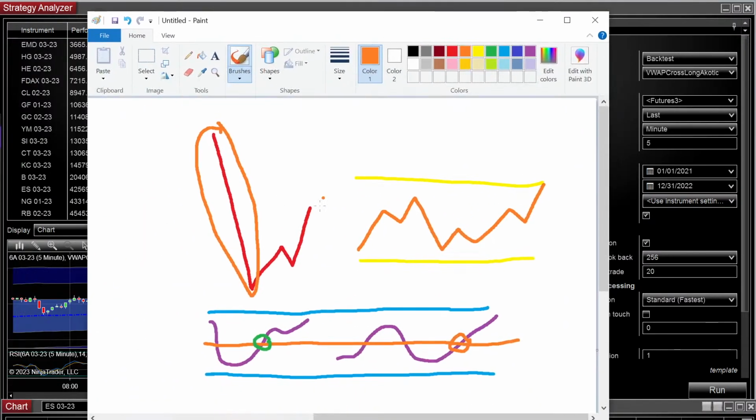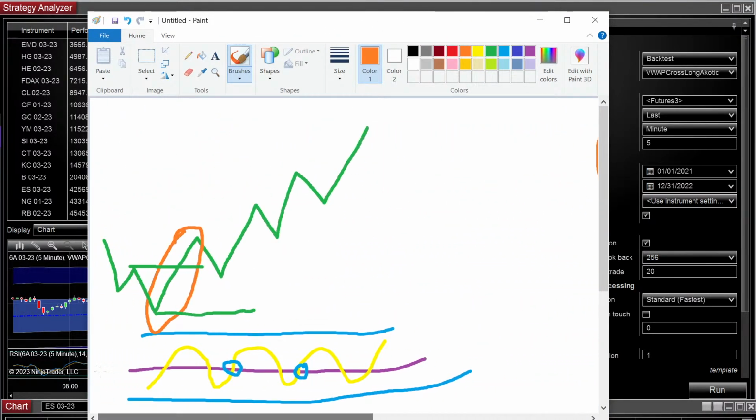Like the first one I mentioned, just to give a quick example, you could plot a 50 period high. It's just a line that looks at the highest point of the last 50 bars. If you're in any downtrend, which is essentially what this first pattern is, it's a reversal pattern.